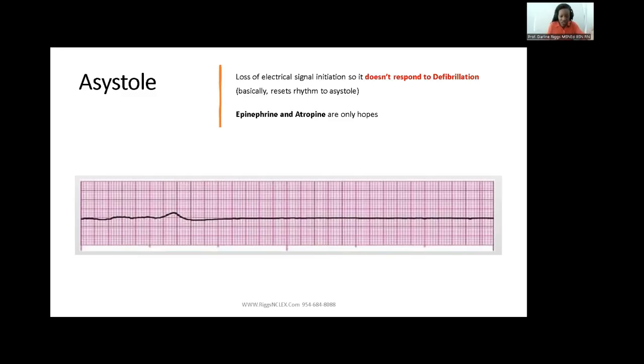If there is no rhythm, which is what's happening in asystole, it's not like it's abnormal and we can jump start and get it normal. You're too late here. There is no rhythm. So your external defibrillator, your AED, automated external defibrillator, will not work. It's not going to tell you clear to shock the client. There's nothing to shock. There's nothing to jumpstart.